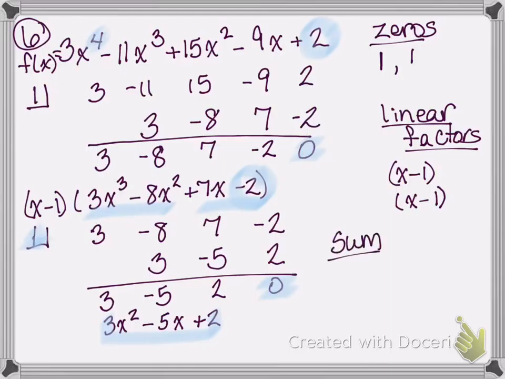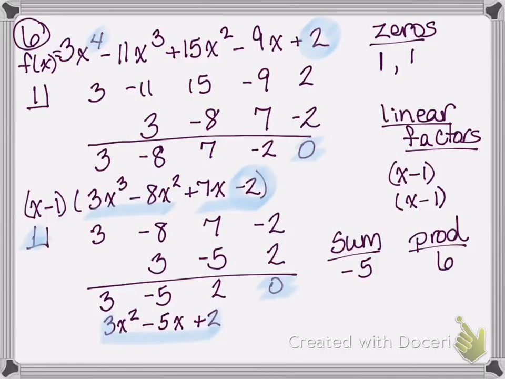So our sum and our product is what's going to drive factoring this. So 3 and 2 is 6. That's our product. We're looking for numbers multiplied together that give us 6. And our sum is what's associated with that middle term. So we have negative 5. So I want 2 numbers multiplied together that give me 6 and added together give me negative 5.